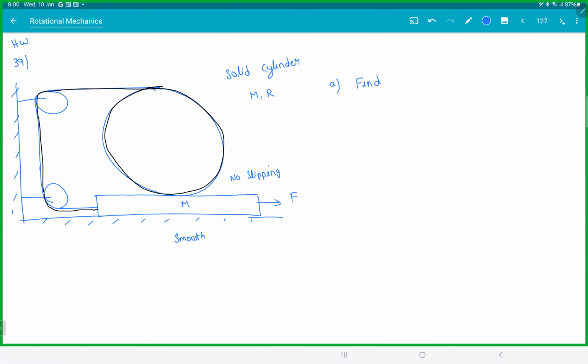Find the acceleration of the plank, acceleration of the cylinder, alpha of the cylinder. Second part, find the kinetic energy of the system after time t, assuming the cylinder does not fall off the plank.